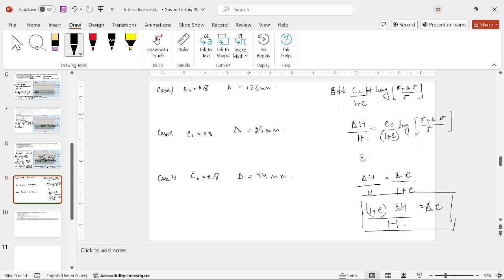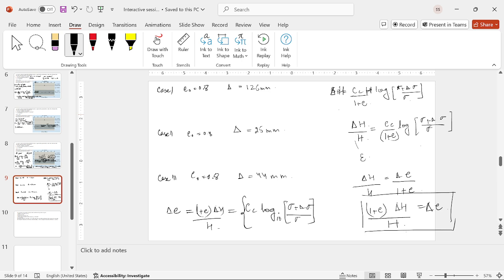So we rearrange this, we get change in void ratio, delta e, equals 1 plus e times delta H over H, equals Cc log to the base 10 of sigma plus delta sigma over sigma.